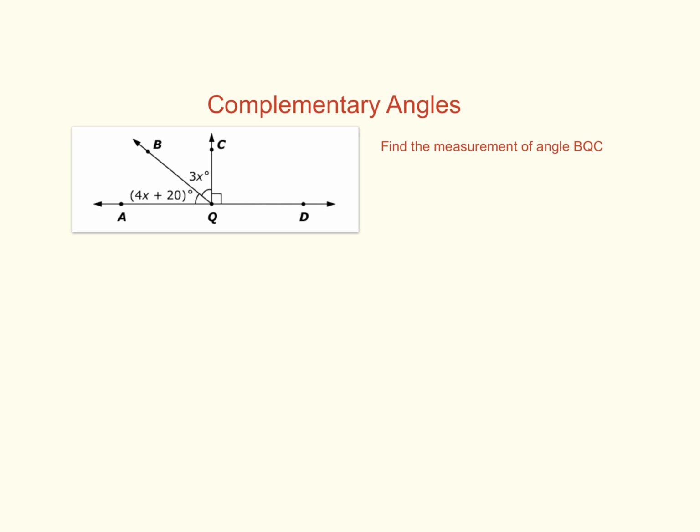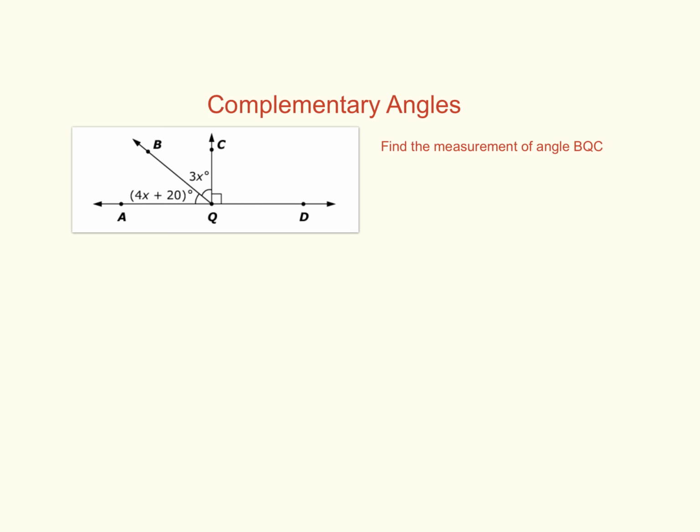Okay, for this problem, you're going to find the measurement of angle BQC. So this is BQC, so we're looking for the angle right here that says 3x. Now, we don't know what that is, but look at this square right here. That tells you that the angle CQD is a right angle.